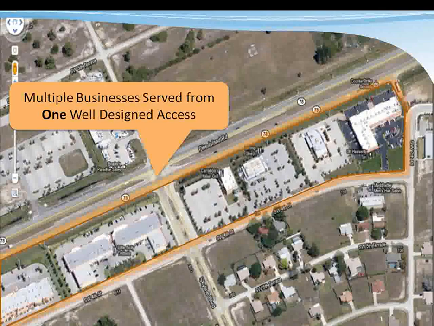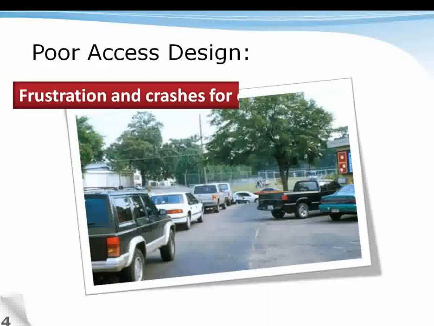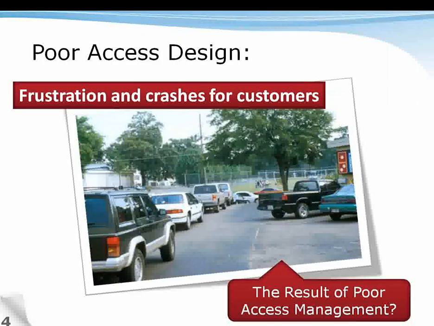Okay, this is another example of multiple properties being served by a very limited number of driveways, but good access in the back. Something that business owners should think of also is the fact that poor access design is unsafe and frustrating for their own customers.